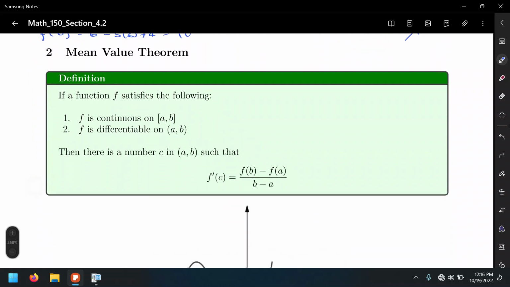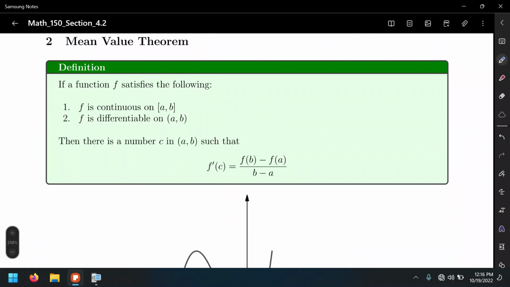So the mean value theorem. The mean value theorem is an extension of Rolle's theorem. Rolle's theorem tells us that there exists a value c between 2 points for which the slope equals 0, in other words a critical number.